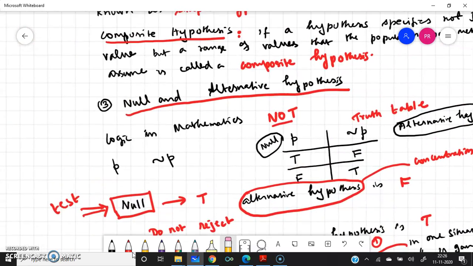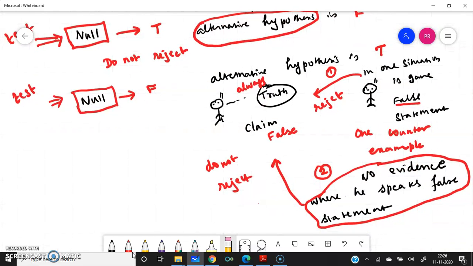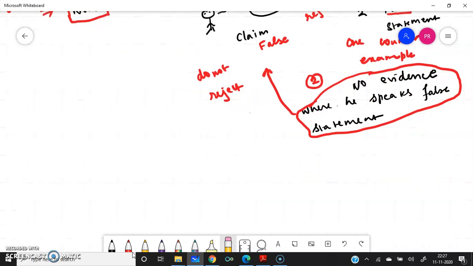So whether to reject the null hypothesis or do not reject. What is my null hypothesis? He always speaks the truth is the null hypothesis. Whether I am going to reject it or do not reject it. So there are two types of decisions I can say. This is my null hypothesis.